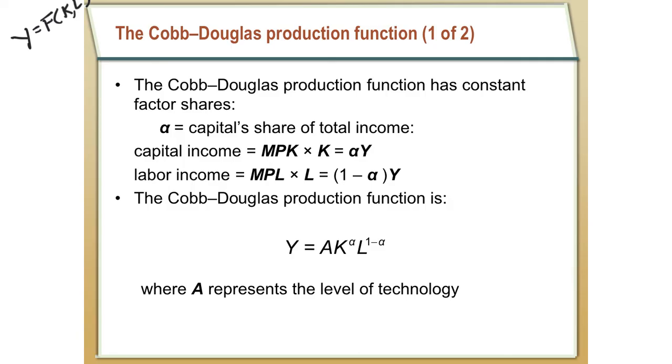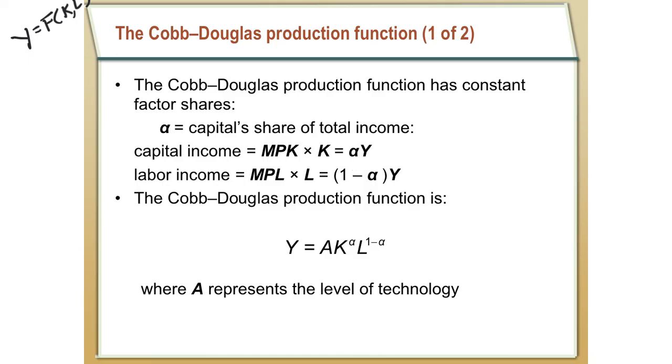Let me draw your attention to this section in the middle here. Capital income, remember in the previous slide we said that total capital income is the marginal product of capital times K. This simplifies down to alpha times Y. Remember, alpha is capital's share of total income. So if total income is 10 and alpha is 0.3, then capital owners are getting 3 units of output.